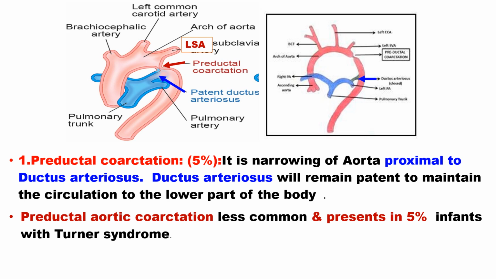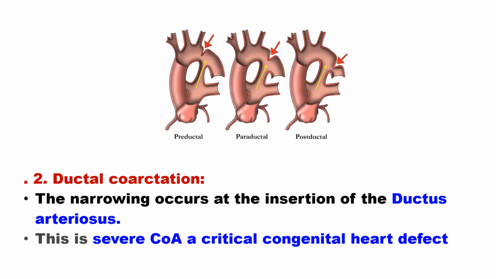Ductus arteriosus will remain patent to maintain the circulation of the lower part of the body. Preductal aortic coarctation is less common, present in 5% of infants with Turner syndrome.